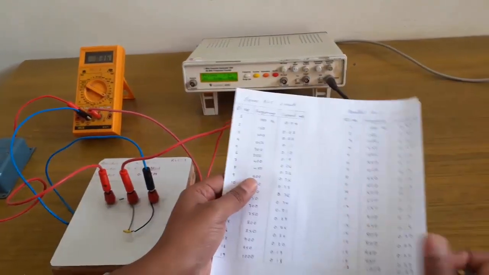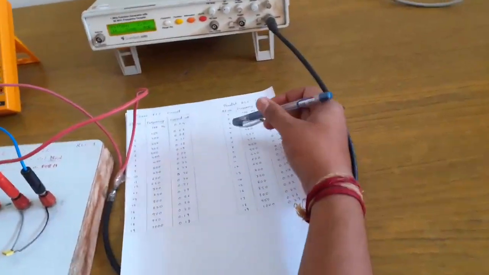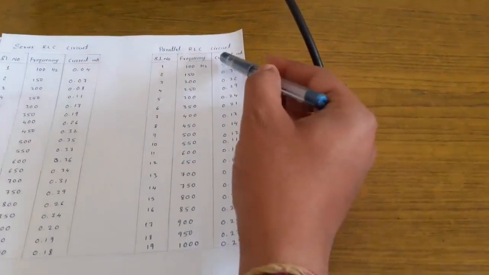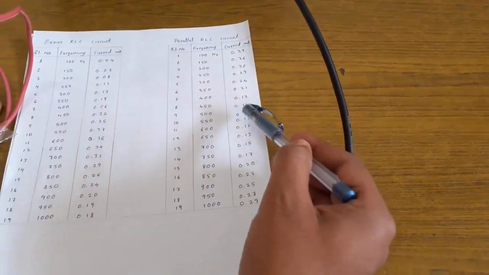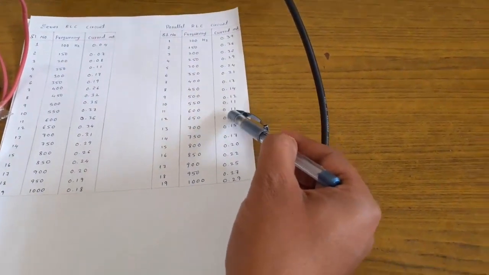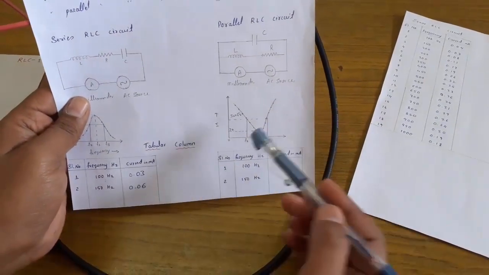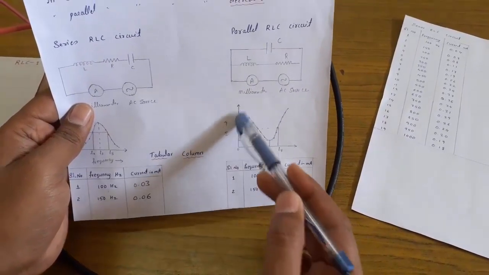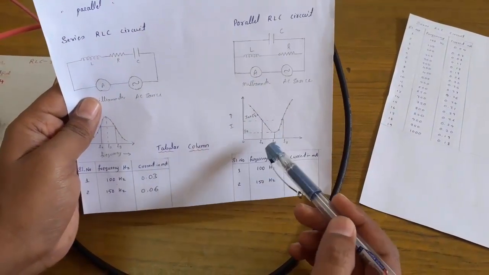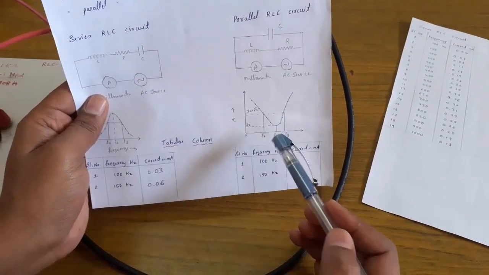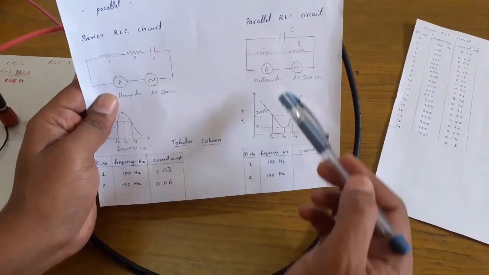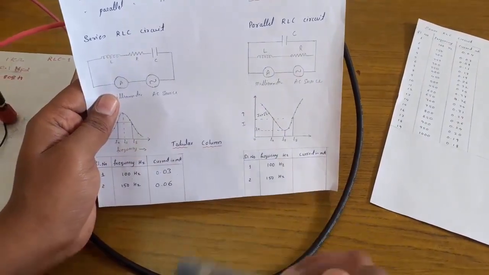If I measure all the values for different frequencies, the current goes on decreasing to a minimum, then further increases, similar to the graph. By using the experimental data, we have to draw the graph and find out the corresponding resonant frequency, bandwidth and quality factor for the parallel RLC circuit.